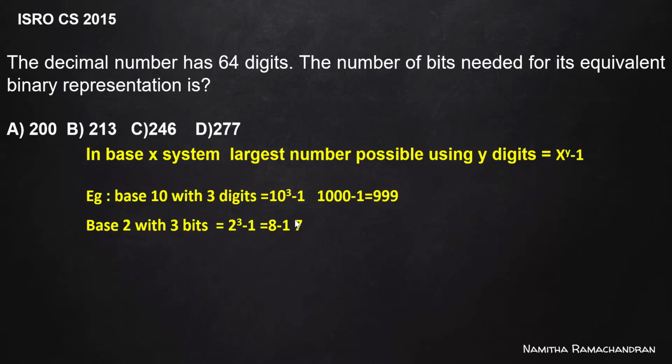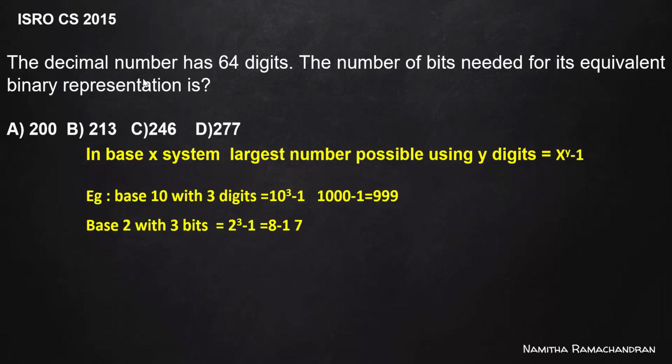This is the largest number possible in the binary system with 3 bits, and the other is the largest number possible in the decimal system with 3 digits. So its general form is: in a base X system using Y digits, the largest number possible is X to the power Y minus 1.